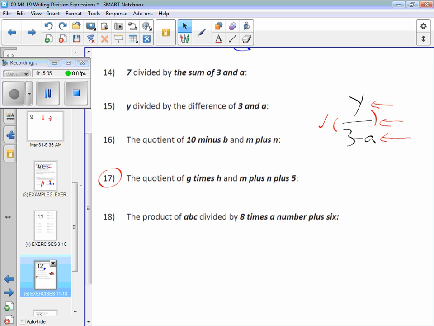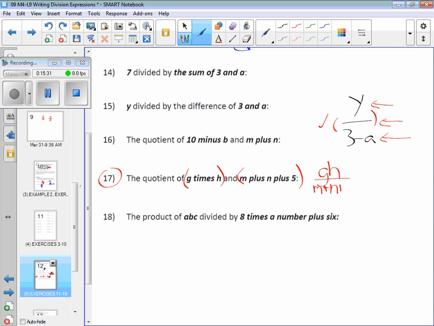Break it down into pieces. Try it. It does help you to chunk it. Chunk it means put it into groups. Is that correct?